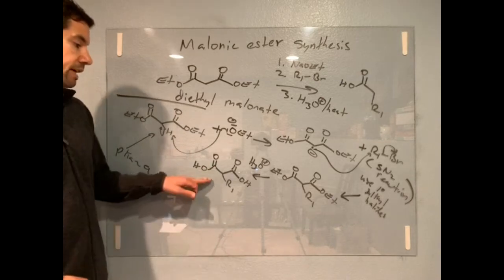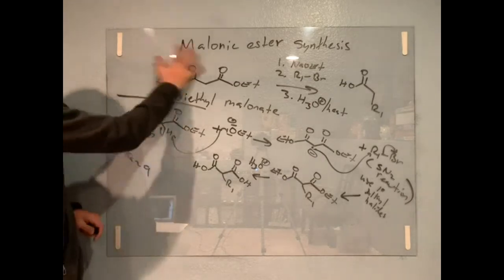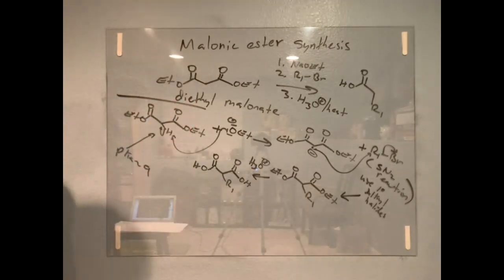This is kind of interesting here. Now, under heat, what's going to happen is we're going to do something interesting here. So let's go ahead and we'll erase the board and let's work our way up here so we have a little more room to work with.